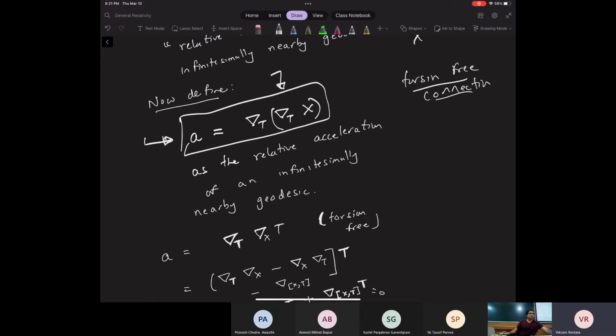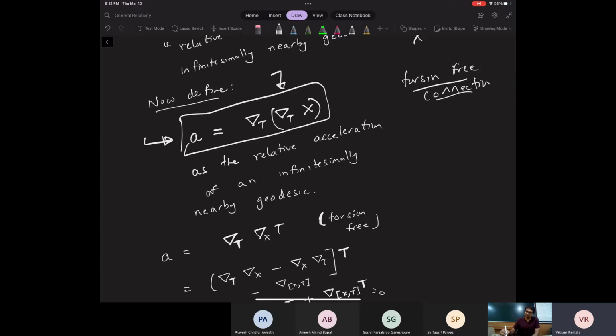Focus mode. Where is that? Yeah, I don't know why I can't see it. Okay, anyway. I'll try after class, just let me know.